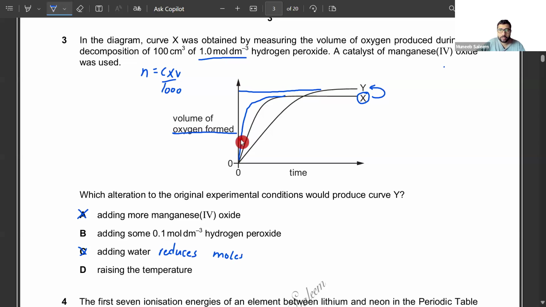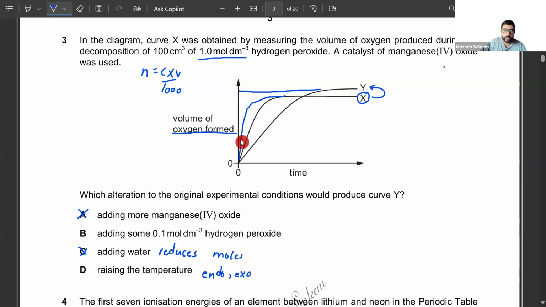D says raising the temperature. We are not familiar with which type of reaction it is, whether it's endothermic or exothermic, and whatever it is, it will still have no effect on the amount. It will only increase the rate of the reaction, especially for all the reactions.